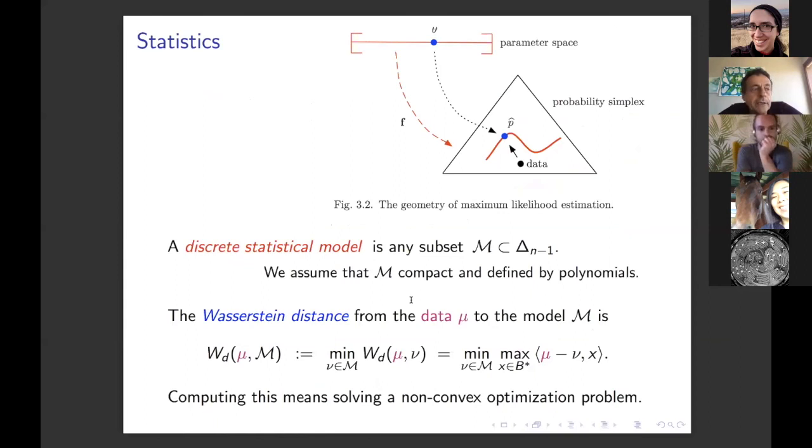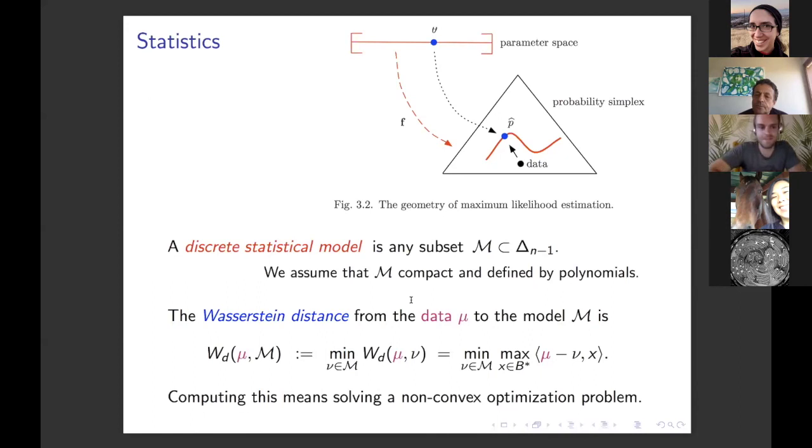But I completely agree. This would be very interesting to look at for other kinds of models. In fact, I think this would also be interesting to look at for finite point clouds. Right? So you have a finite point cloud, and maybe you're interested in the Wasserstein-Voronoi decomposition, right? So which point is closest to a given point? So you could study Voronoi diagrams. So I think there are lots of interesting opportunities for algebraic and polyhedral combinatorics.